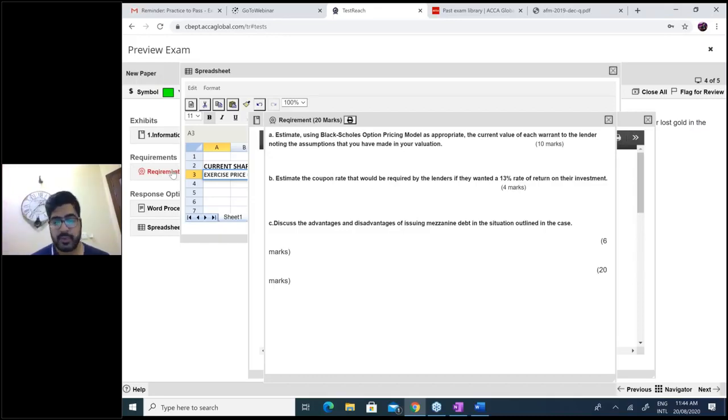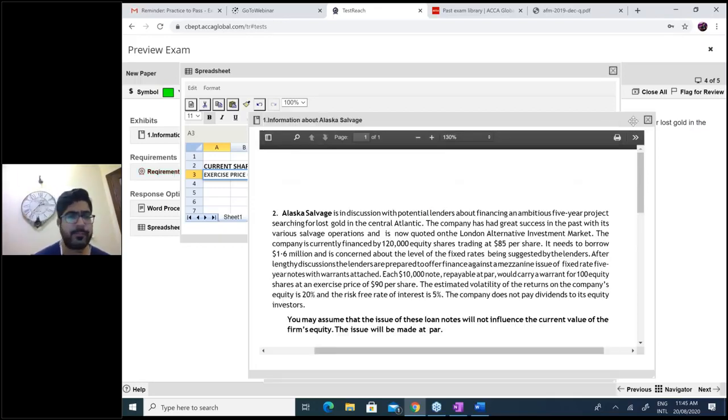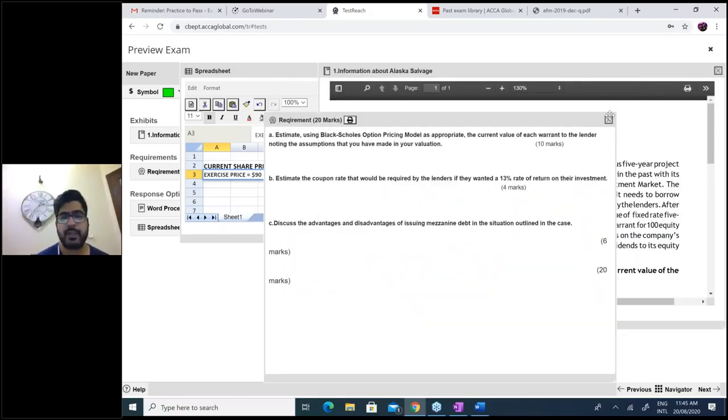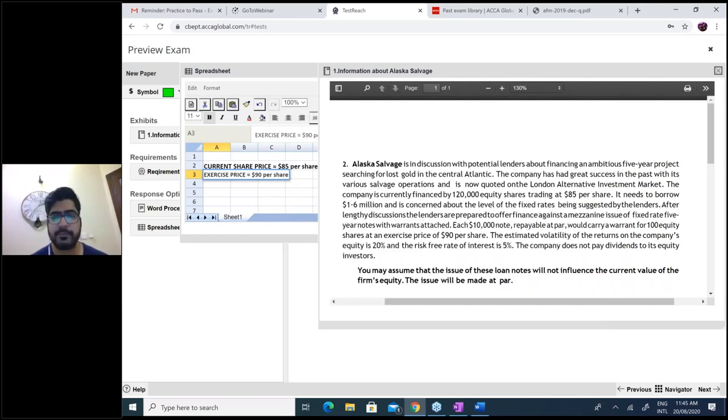So you need to note the assumptions as well. I will tell you the assumptions. You need to find the value of each warrant using the Black-Scholes model, the value of each option.